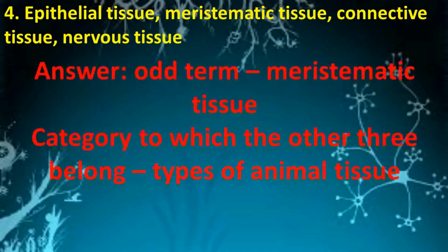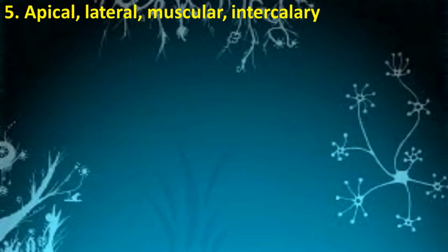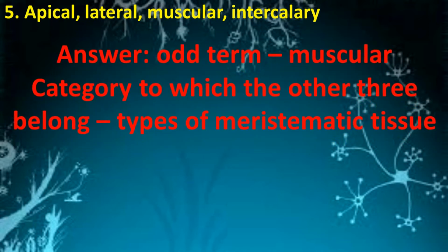Answer is odd term is meristematic tissue. Category to which the other three belong is type of animal tissue. Next question. Apical, lateral, muscular, intercalary. Answer is odd term is muscular. Category to which the other three belong is types of meristematic tissue.